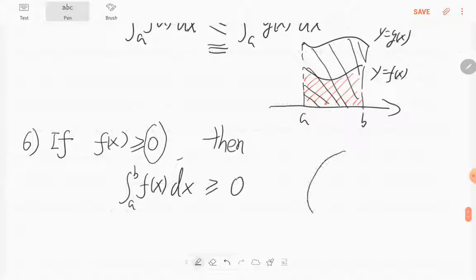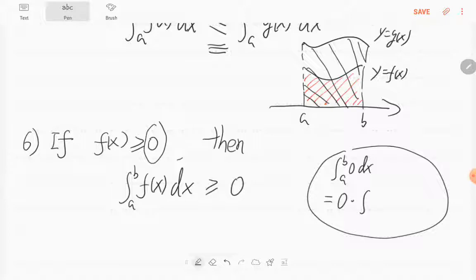So here the integral from a to b of 0 dx equals 0 times the integral from a to b of dx. This means the integrand is 1 here. So no matter what this number is, 0 times a finite number equals 0.